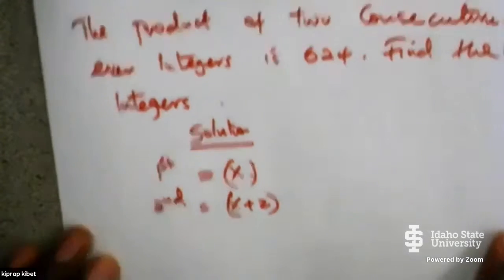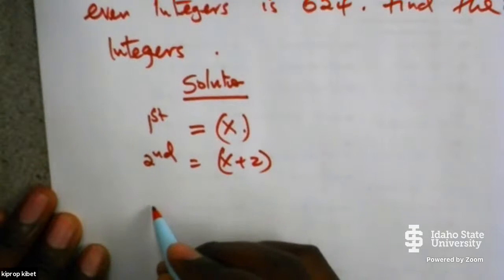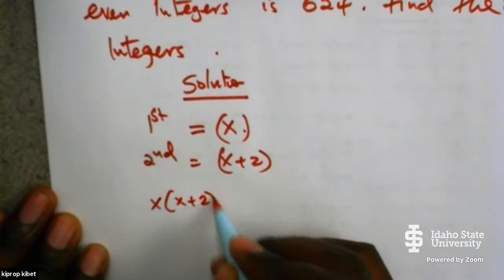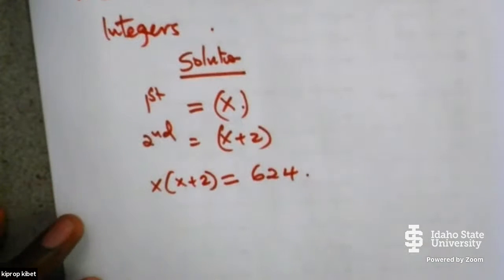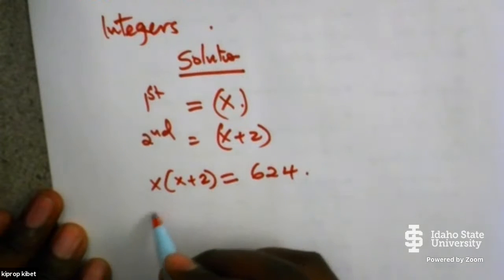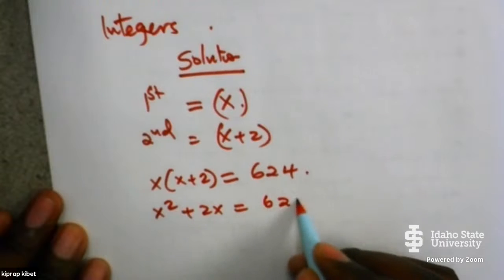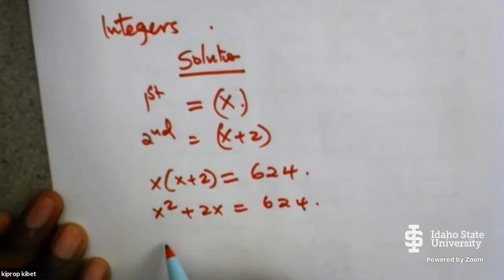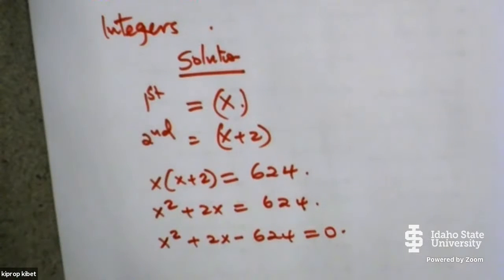The product of the two consecutive integers is 624, so x times (x plus 2) equals 624. This is x squared plus 2x equals 624. It forms a quadratic equation: x squared plus 2x minus 624 equals 0.